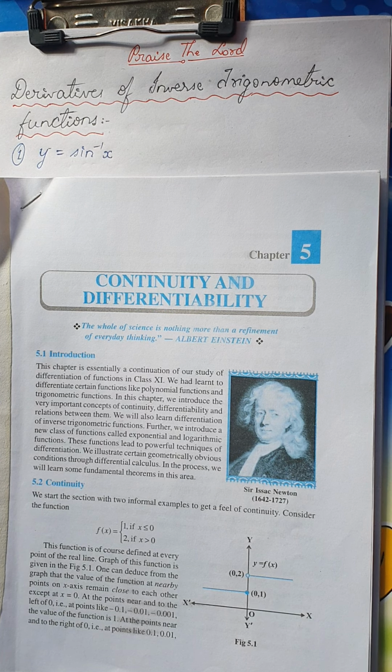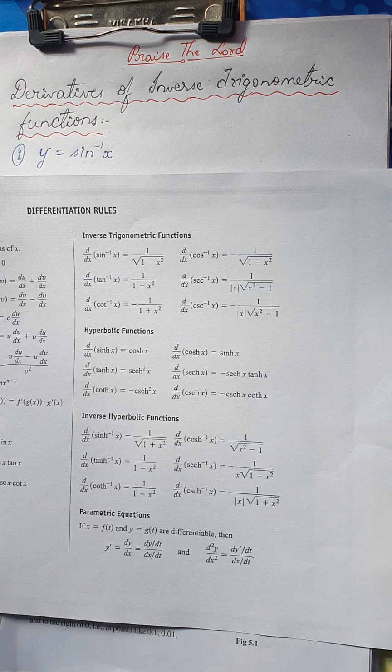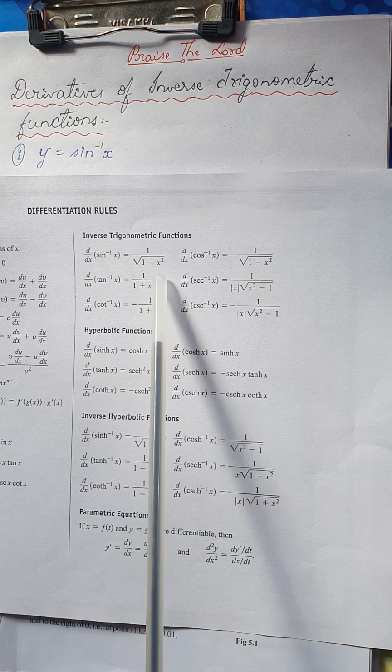Now remember, sine inverse x can also be called arc sine x, which means inverse trigonometric functions are also called arc trigonometric functions. Arc means inverse. In the previous sessions we have directly used the formula for sine inverse x, which is 1 by root of 1 minus x square, and cos inverse x, which is minus 1 by root of 1 minus x square, and similarly tan inverse x, which is 1 divided by 1 plus x square.